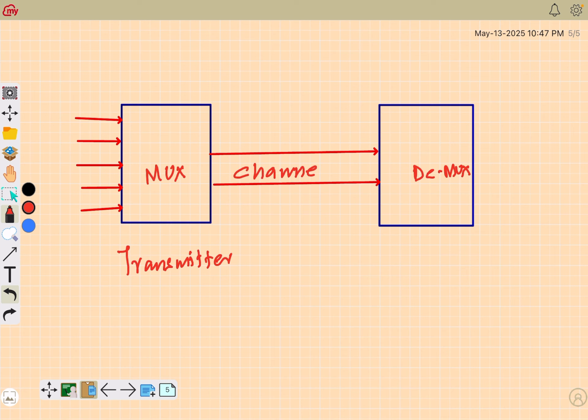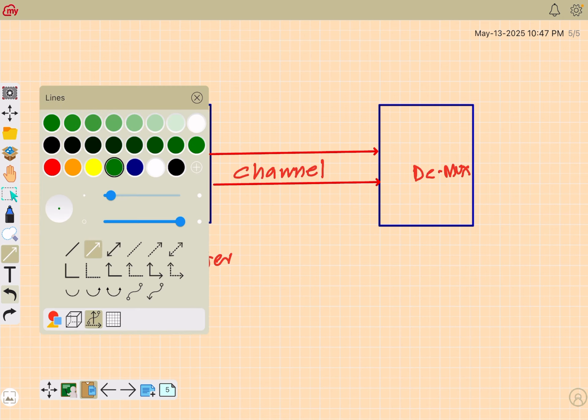But the problem is the bandwidth or the capacity of the channel is always limited. So these multiple sources cannot simultaneously send their data at a given instant of time. So with multiplexing, we use a selection variable.